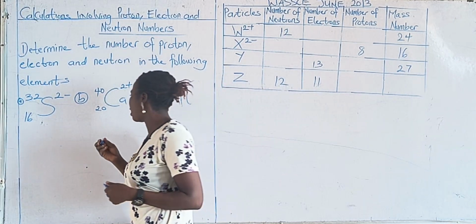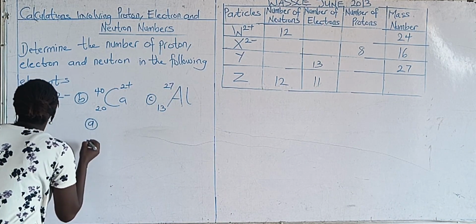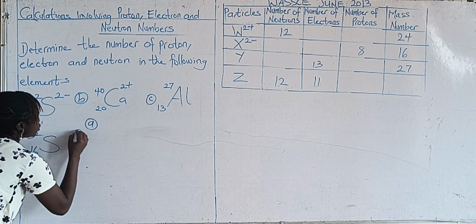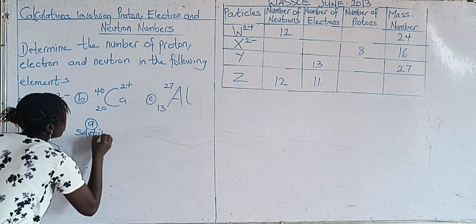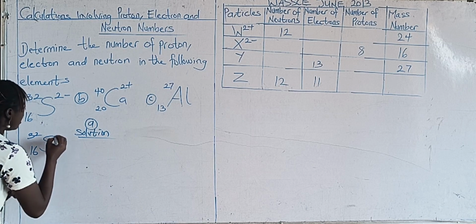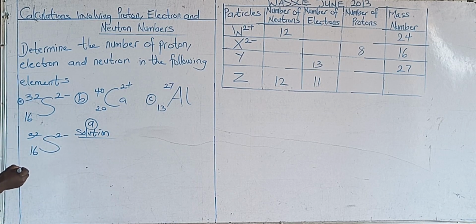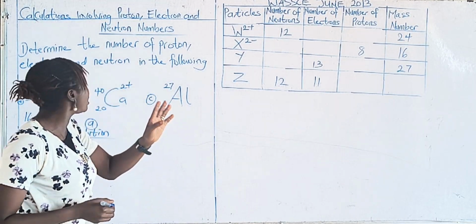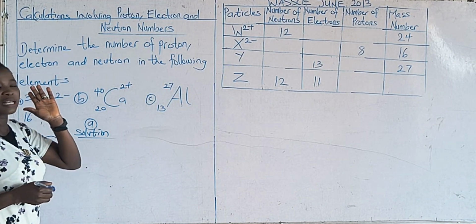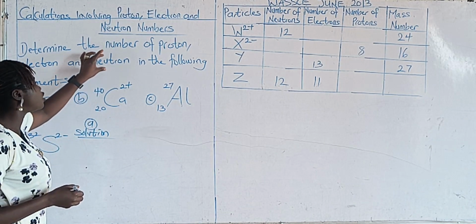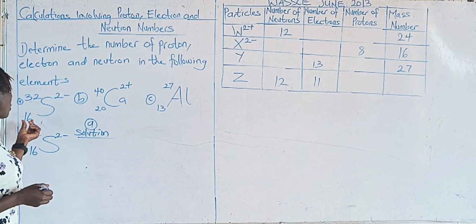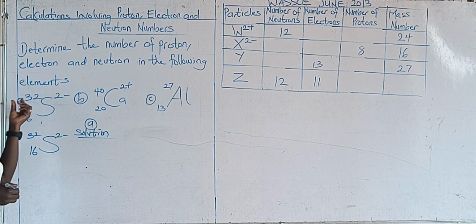So let's do the first one, A. We have S with 32 and 16, and 2 minus. We call this the solution. Remember I told you that proton number is the same as atomic number, as well as electron number. How do we get our neutron number? Neutron number is when you subtract your atomic number from your mass number.